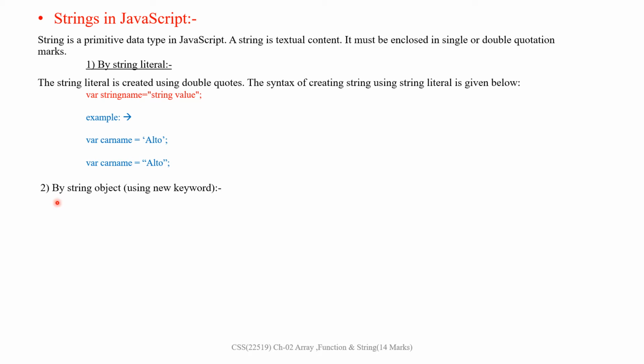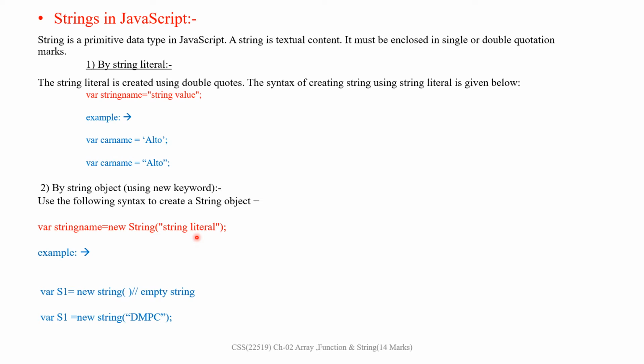Now, string object using the new keyword. The syntax for using the new keyword is: var, the string name, equal to new, which is a keyword, and the string. Example: var s1 equal to new String, this may be an empty string, and var s1 equal to new String with "dmpc" in double quotation.